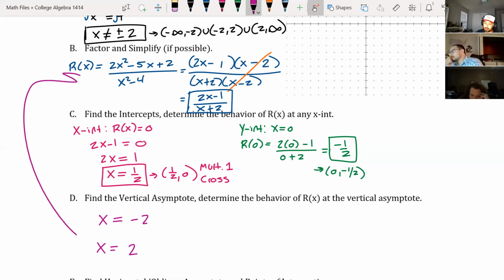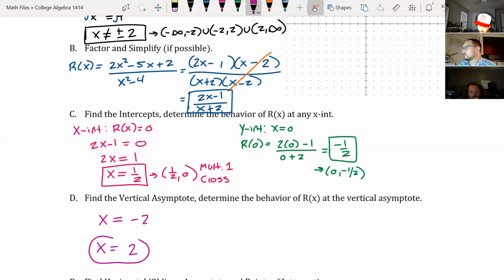Look back at step B. Did we cancel a part of the denominator out? Yes. This means that which one of these equations is no longer a vertical asymptote? 2. Good. x equals 2 is now a hole in the graph, and x equals negative 2 remains my vertical asymptote.